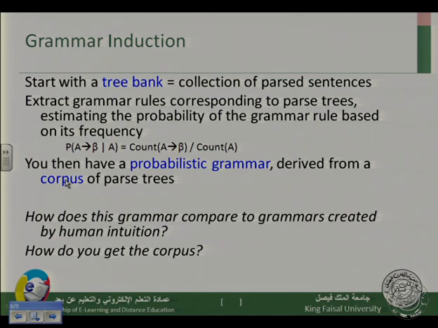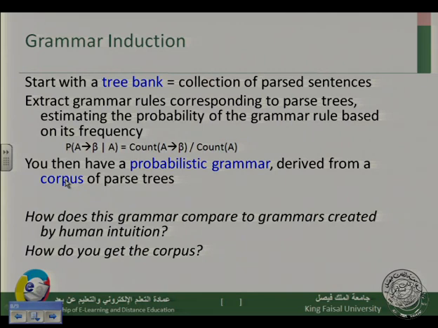The more, the better. If you have millions of trees, your computer, your machines would generate more efficient results. So start with a tree bank, a collection of parsed sentences, extract grammar rules corresponding to parsed trees, estimating the probability of the grammar rule based on its frequency.